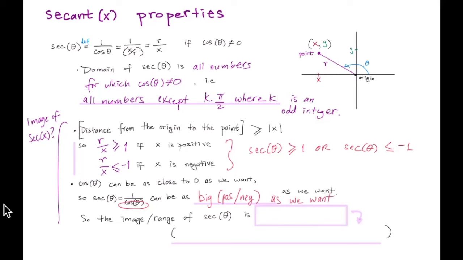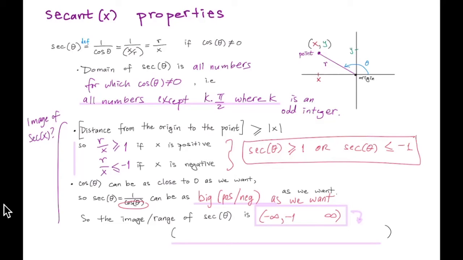And so the image of secant can be as big and negative as we want and can also be as big and positive as we want, but it's also bounded by these two values, 1 and -1.